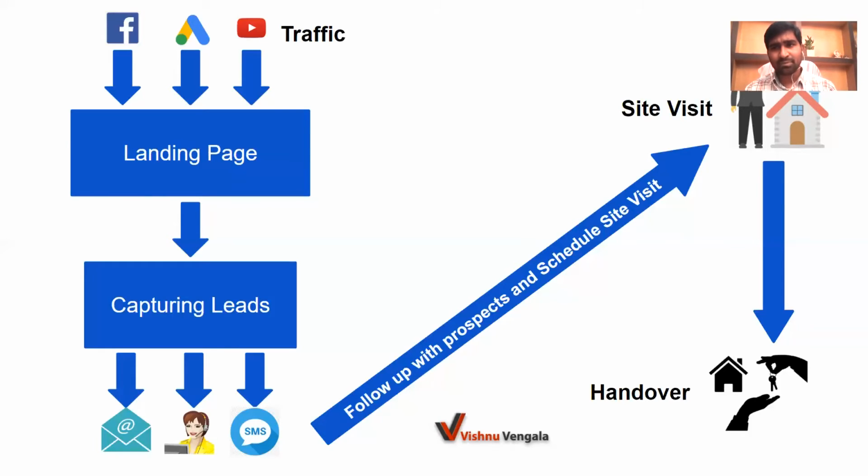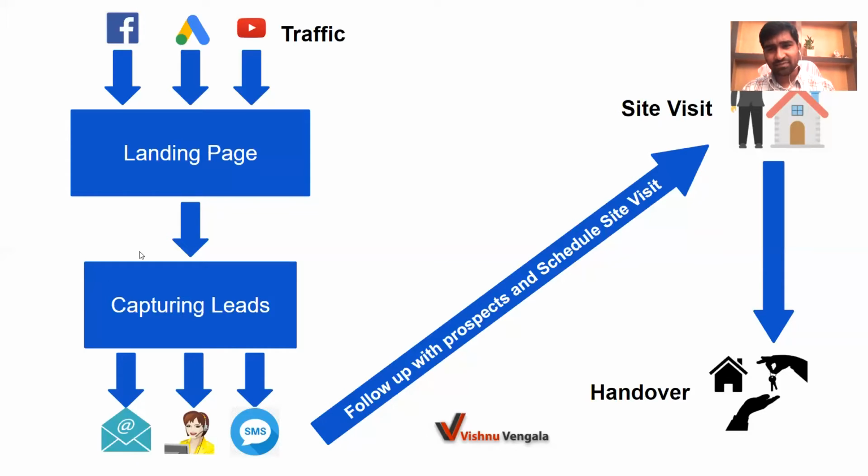At the same time, you can also send an automated email notification to your salesperson with the lead details, so that your salespeople can call the prospect and inform them about the projects and answer all queries that your potential customers have, and follow up and help them to come for a site visit.